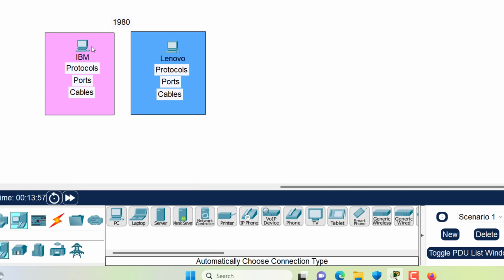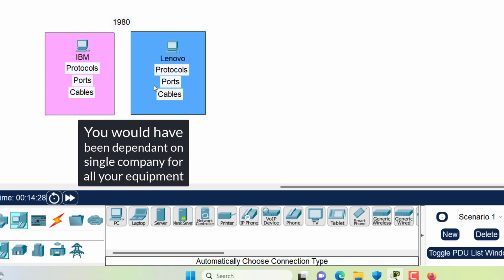There was no way for these two different brands and companies to communicate with each other. So if you wanted to create a network and go with IBM, you had to purchase everything from IBM: your routers, your switches, your ports, your cables, from A to Z, comprehensively, you were dependent on IBM. And if you wanted to go to Lenovo, you would have been dependent on Lenovo.